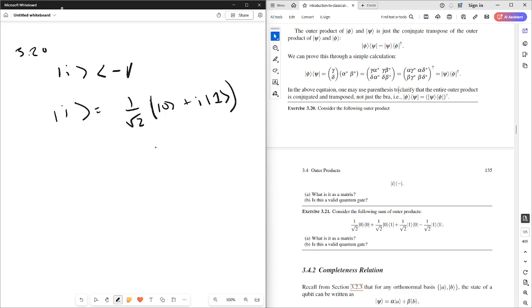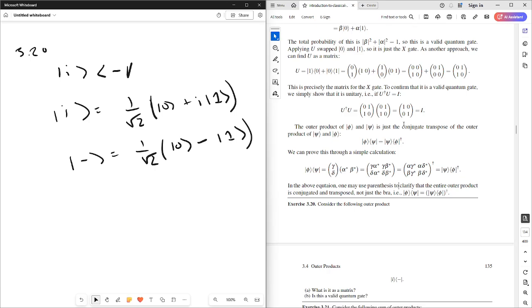And the minus state is traditionally 1 over square root of 2 state 0 minus state 1. We'll put these into their matrix forms.